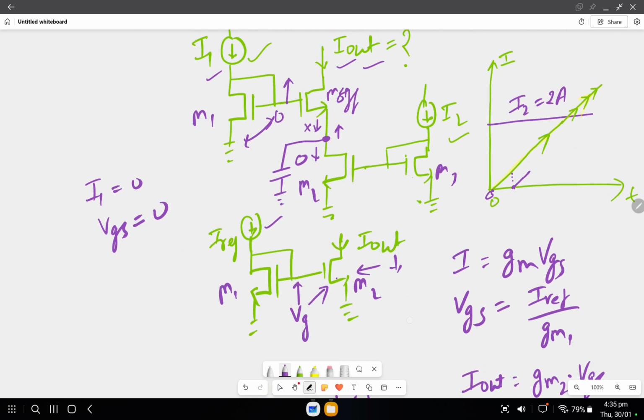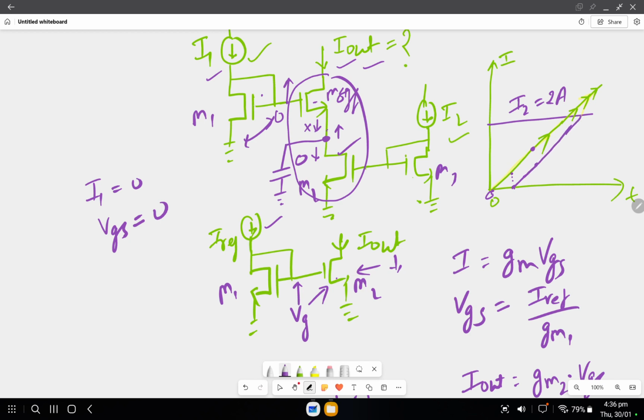Here if you see, this will become a common source configuration with a degenerative resistor. While it has GM, it has this resistor at the source as well. So with this GM will be lower. The GM of this MOS will be lower. So the current will be lower than the I1. So when this is 0, and when the I1 is this much, this is slightly lesser. So it will follow like this.